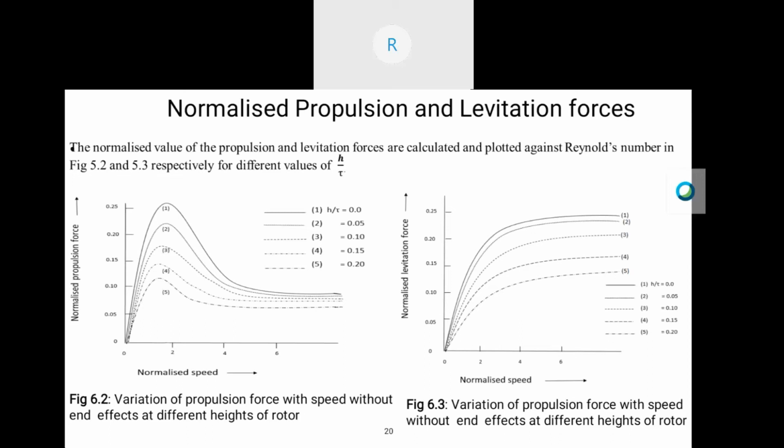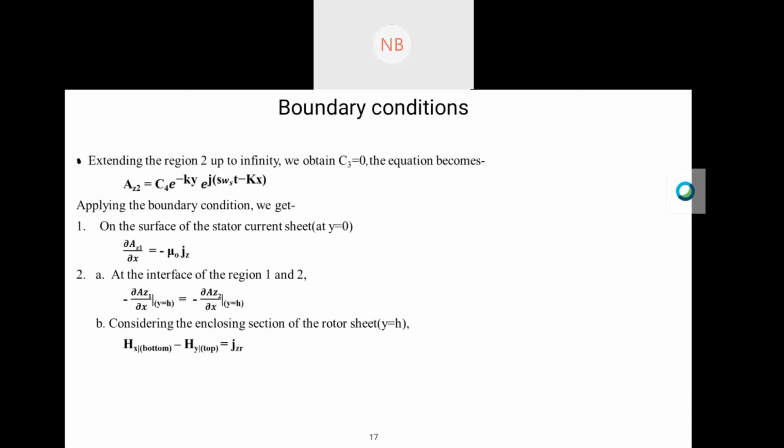Sir, this is the R, which I obtained while calculating the boundary conditions in the first part, in slide number 17. There I calculated the unknown variables like C1, C2, C3, C4.